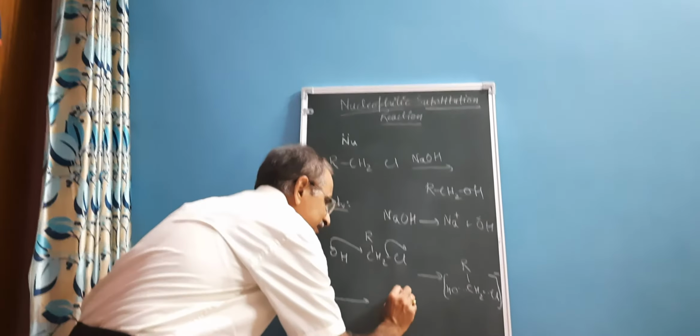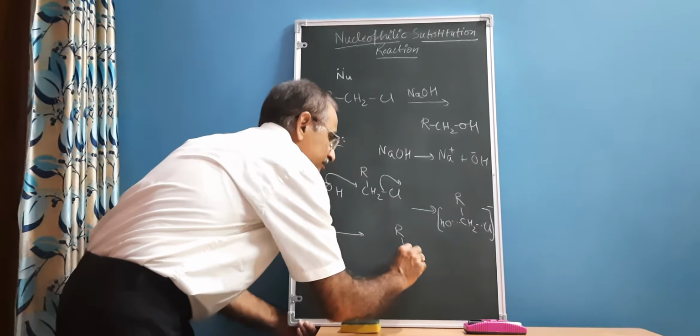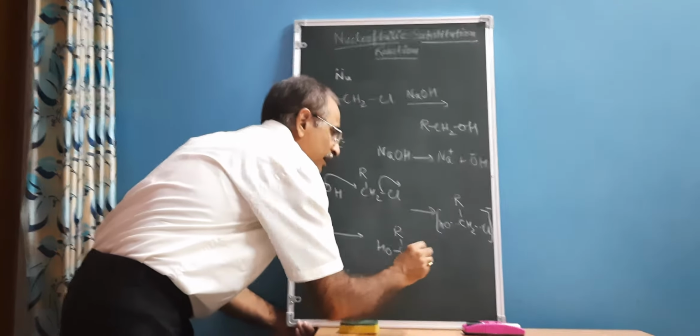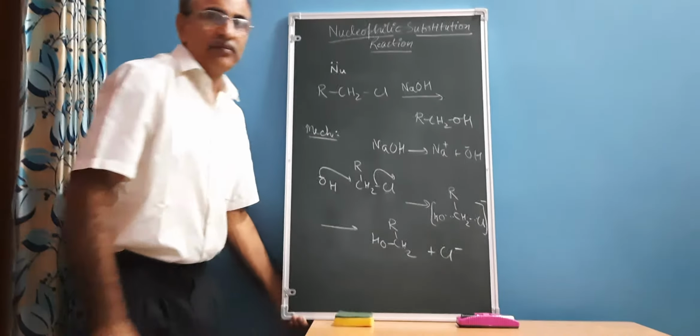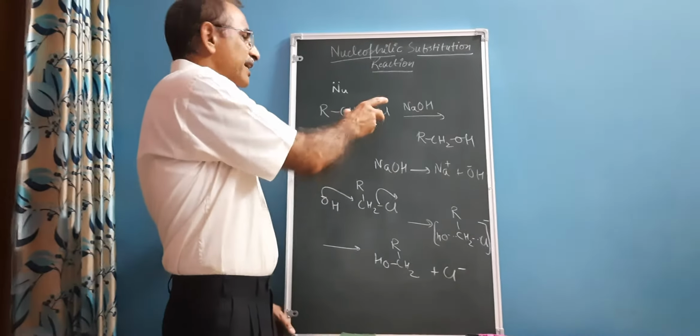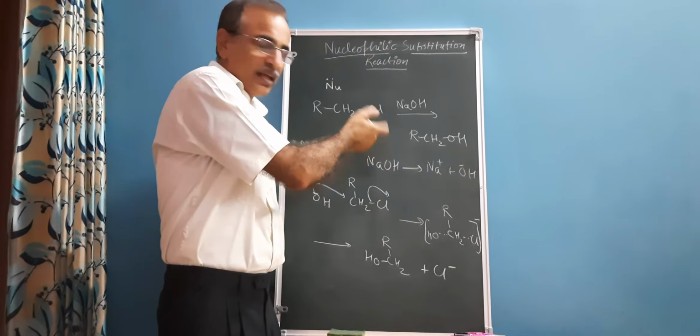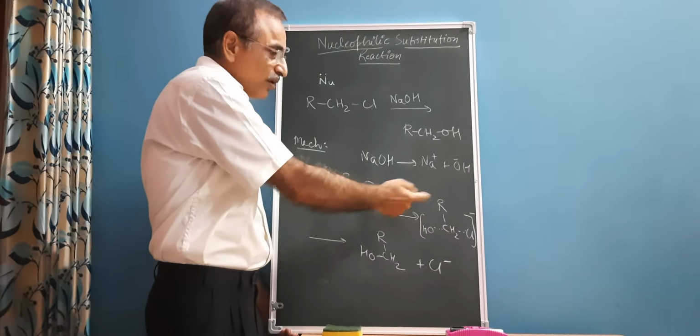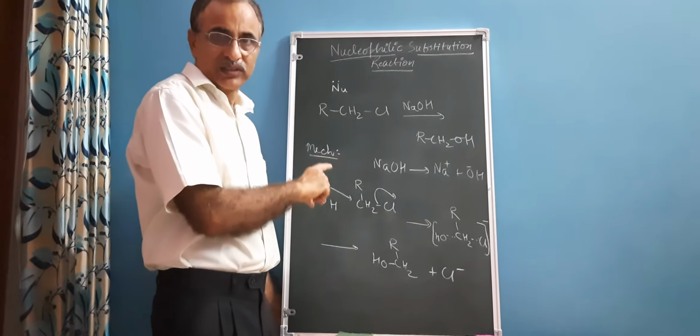As a result there is formation of the product, and here we can easily observe that inversion takes place. If our reactant is the dextro form, in that case the levo form will be the product, and vice versa.